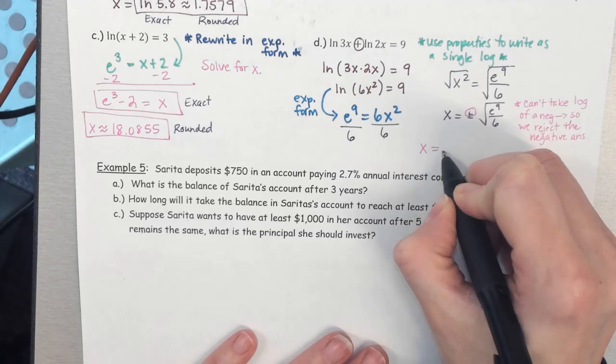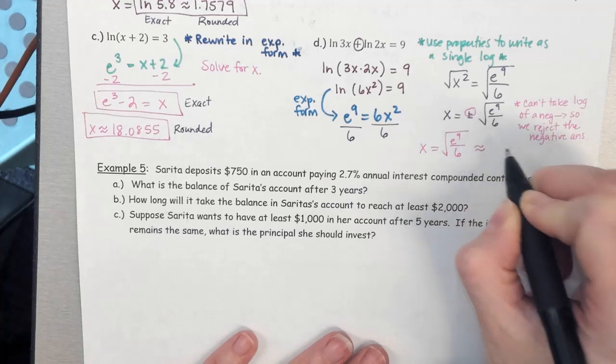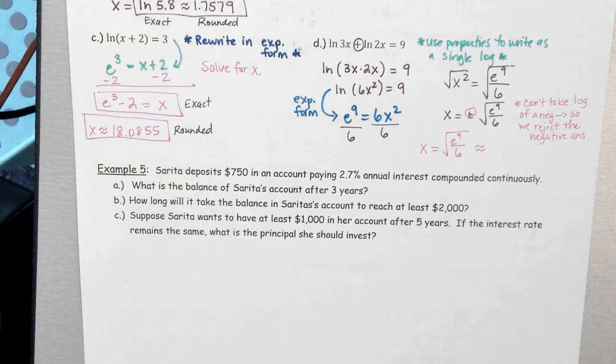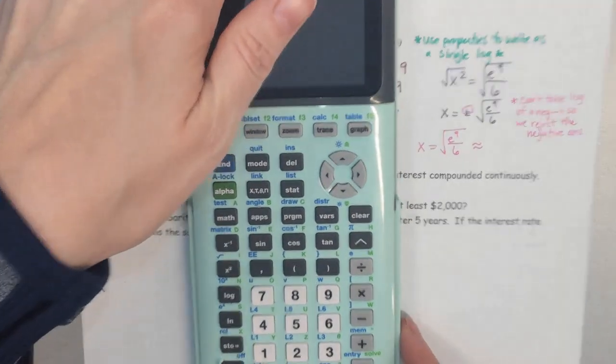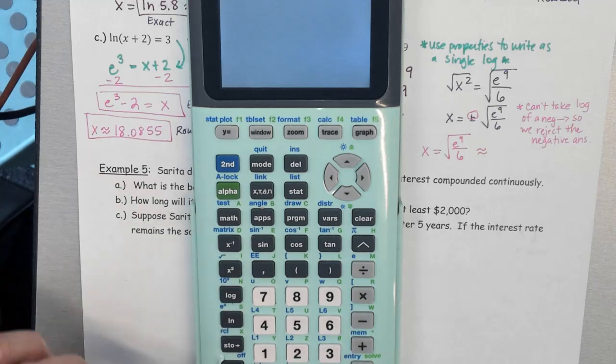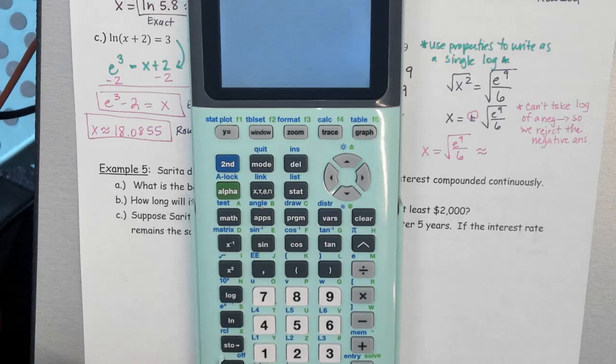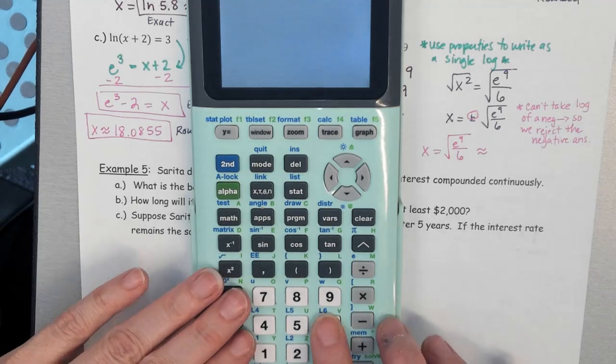Okay, so the square root of e to the 9th over 6 is the exact value. And then we're going to calculate our rounded value. So I have the square root of e to the 9th power, and then I'm going to divide that by 6.